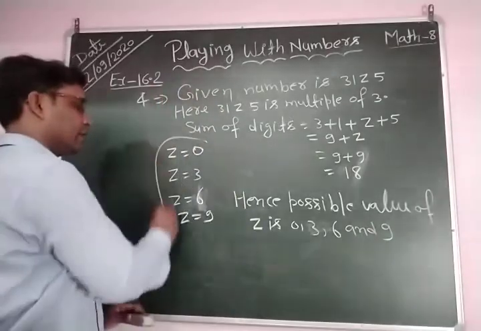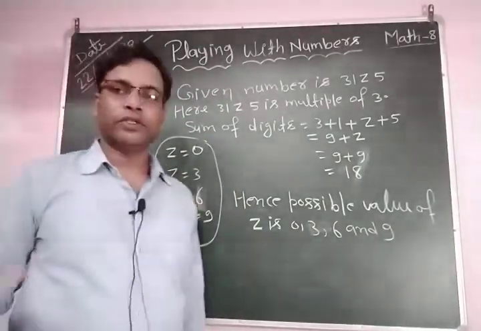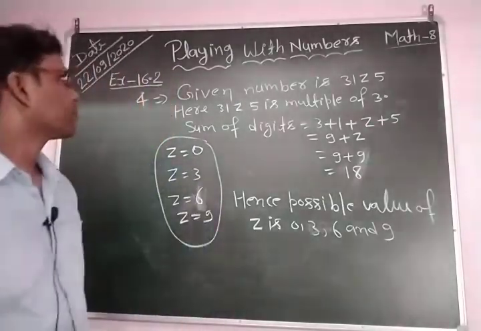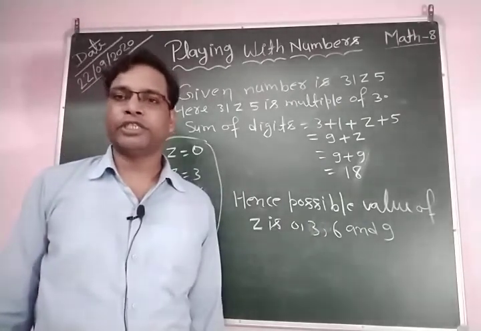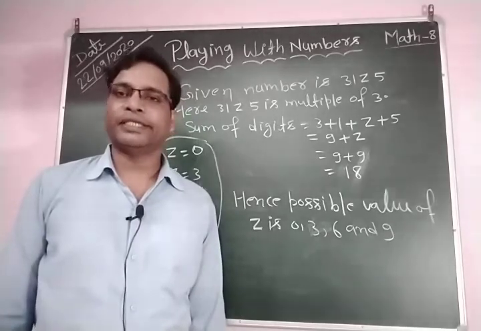Okay, these are all the possible values of z. So students, I hope all of you understood, and in this way we completed question number 4 of this exercise 16.2. This is the last question of this exercise. Also you can say this is the last question of this chapter.